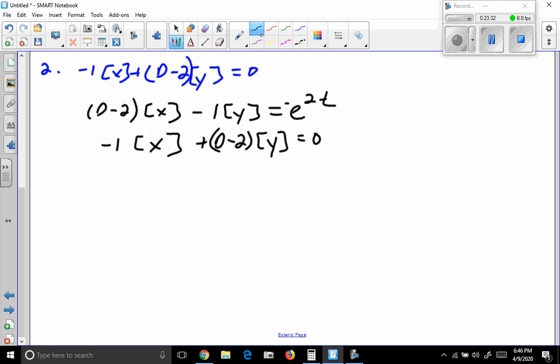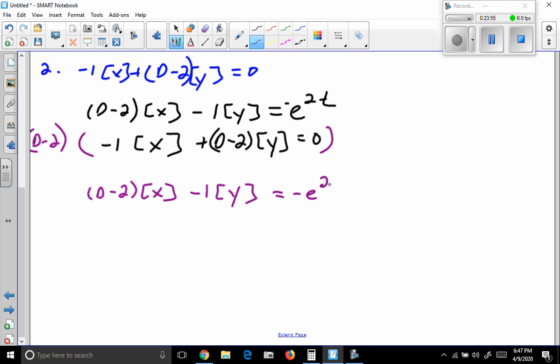So let's solve this system of equations. We can get rid of either variable we want. Let's just get rid of x. So if we multiply the first equation by d minus 2, then the top equation has positive d minus 2 of x minus y, or 1y, equals minus e to the 2t.